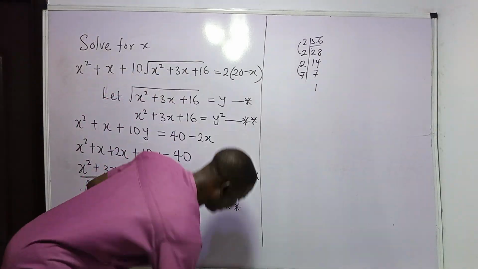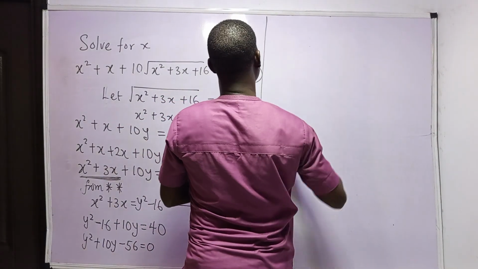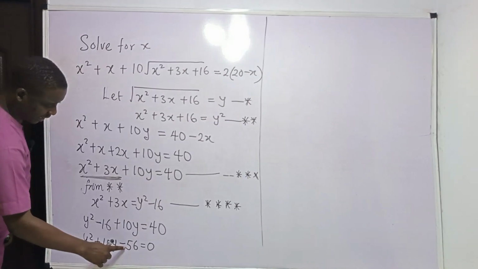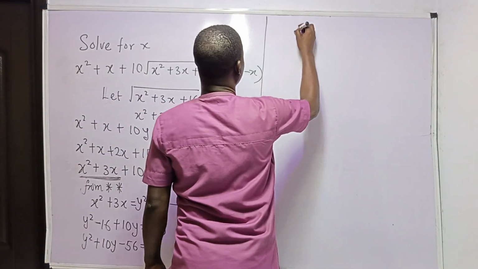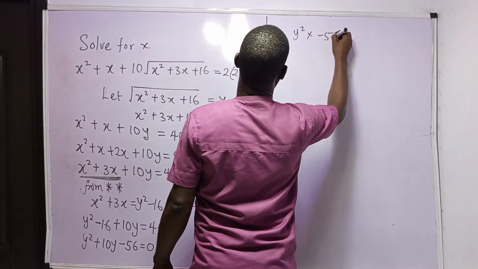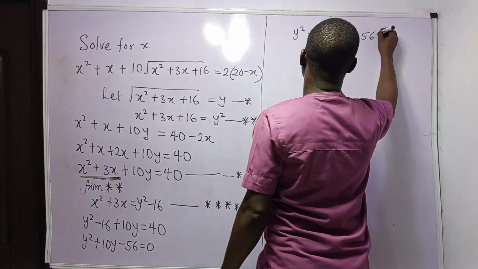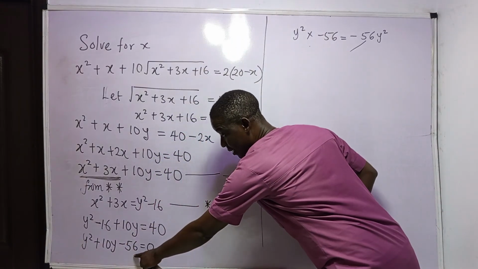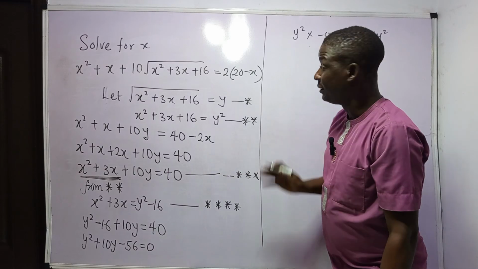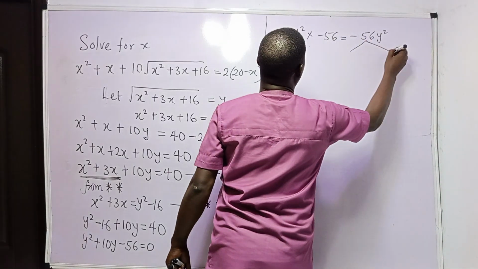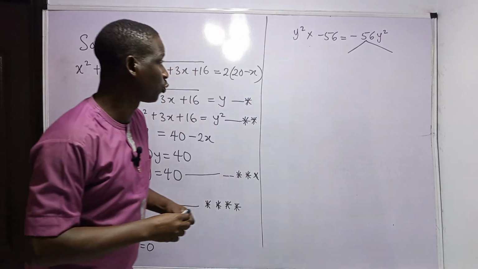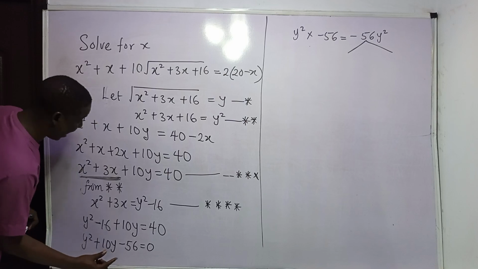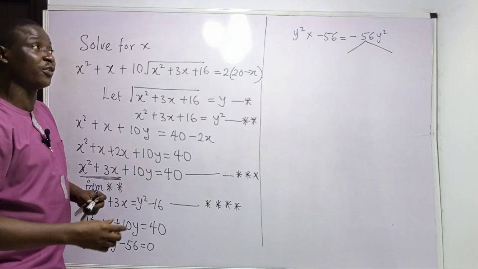So what we are saying in essence is that we need two possible values which, when you add them together, give you 10y, and when you multiply them, give us minus 56 y squared.